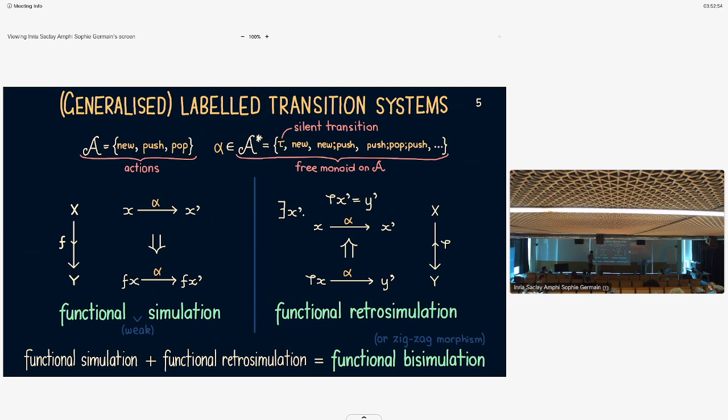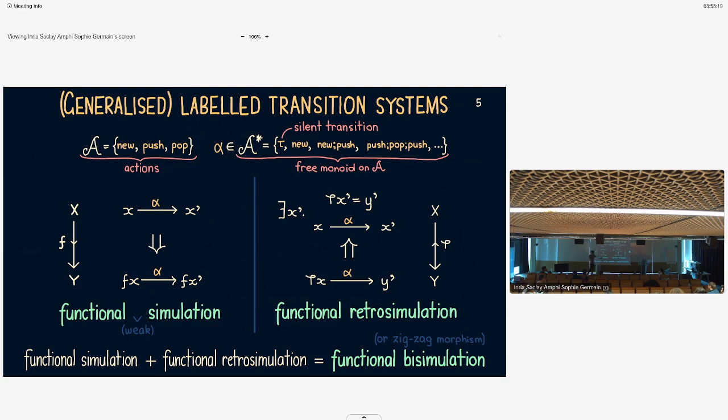But I'm just going to omit the word weak. And here, this functional: normally simulations are relations between two of these transition systems, but we're going to say one of these simulations is functional if this relation is the graph of a function.